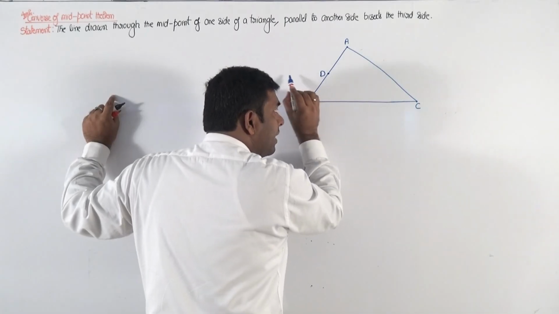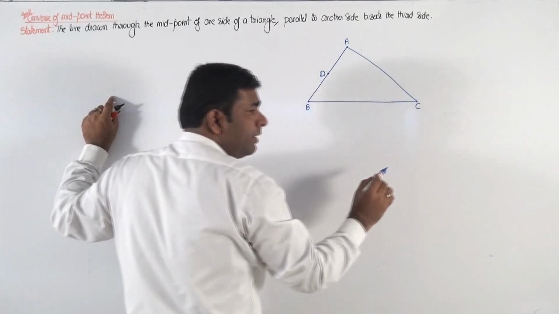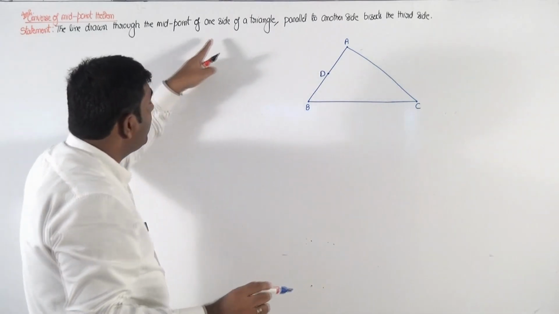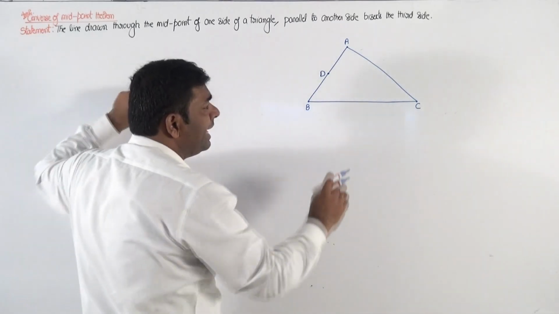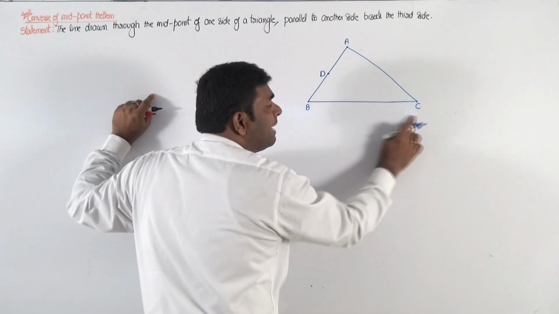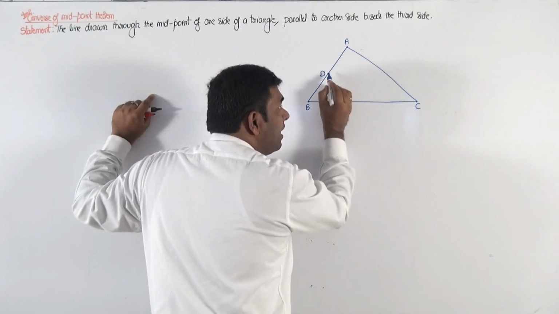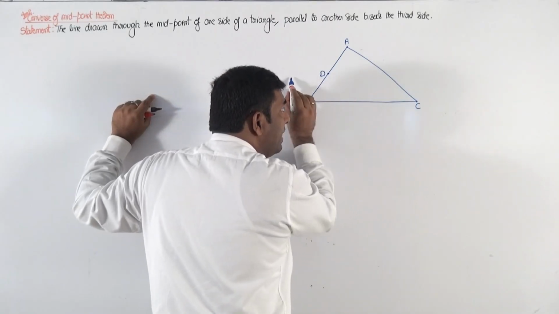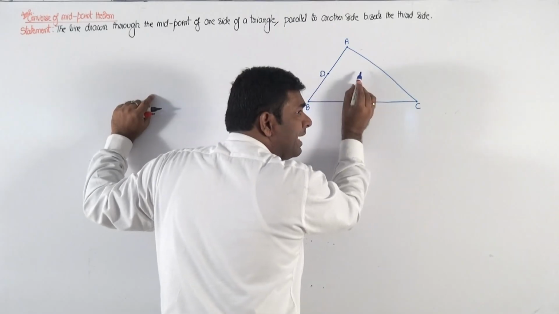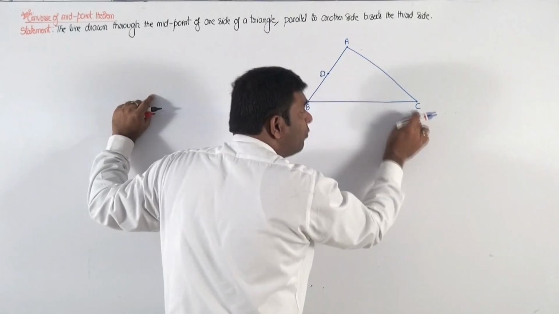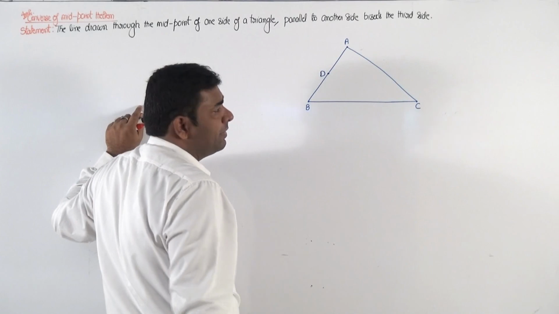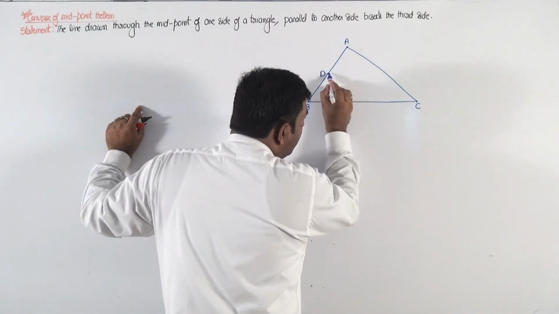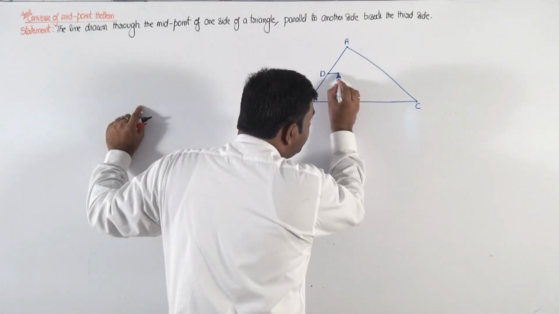यहां से अगर हम एक लाइन ड्रॉ करेंगे, the line drawn through the midpoint of one side of a triangle parallel to the another side, मतलब BC के पैरेलल में अगर मैं ड्रॉ करूंगा, वो थर्ड साइड को बाइसेक्ट करेगा.